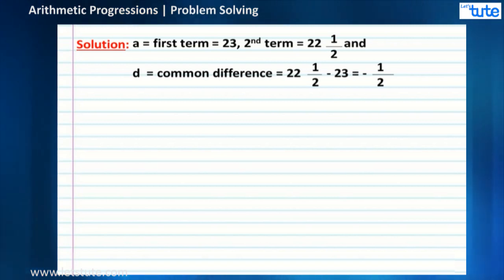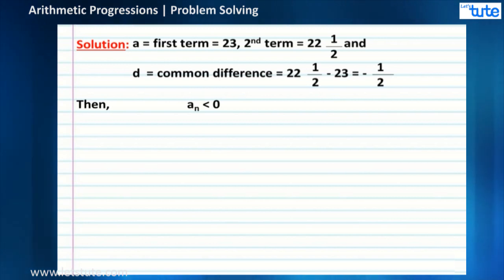Now let the nth term of the given AP be the first negative term. We know that all the negative terms are less than 0. So we can write An is less than 0. Now looking at An, can you remember something?